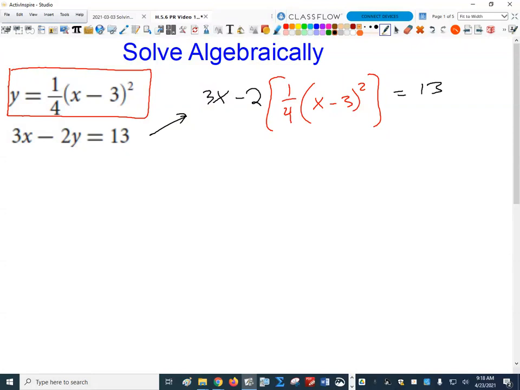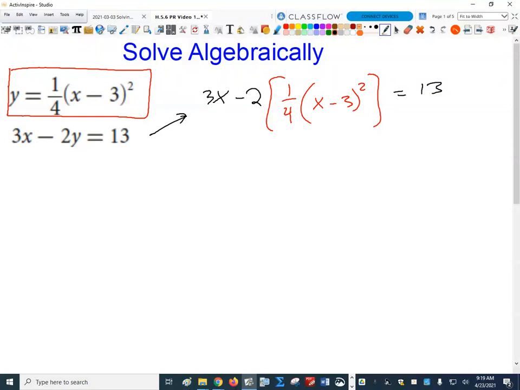What do you think? Okay, is there anything, we got to simplify some things, don't we? So I've got 3x minus 2 times 1/4 times x minus 3 quantity squared, right?